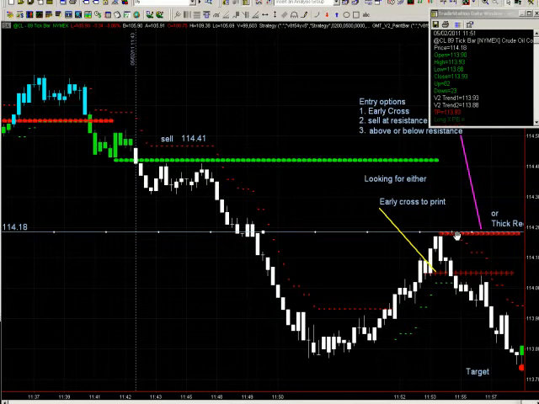The methodology behind this is that we know price is going to do some type of retracement. We're going to sell off resistance. So it's a classic buy support, sell resistance, and that's what we're doing. It's like the cycle trader, but we're adding to the trend that we were initially in.